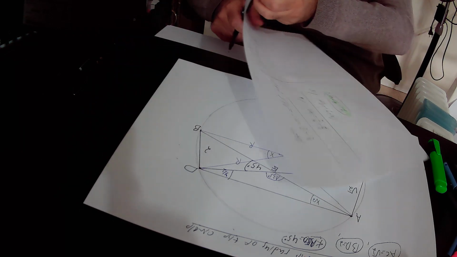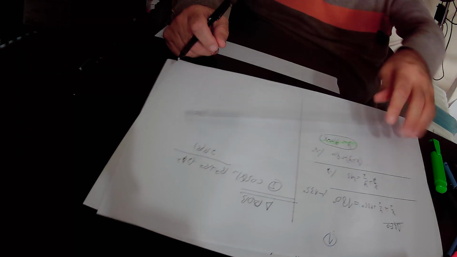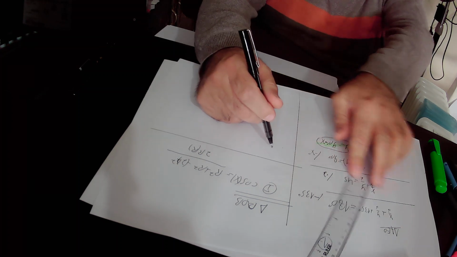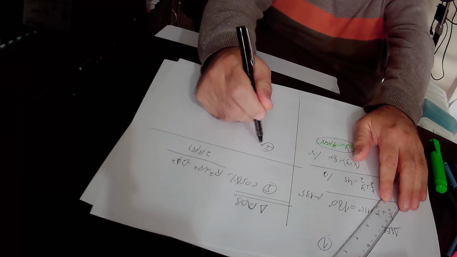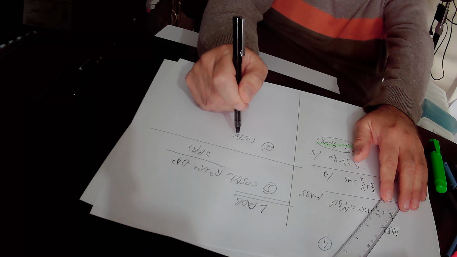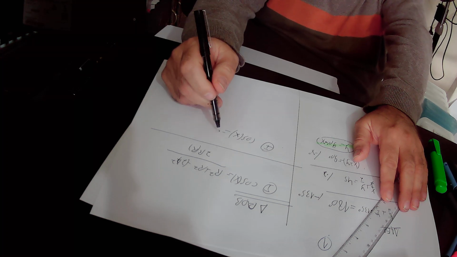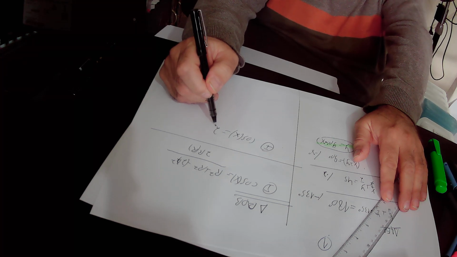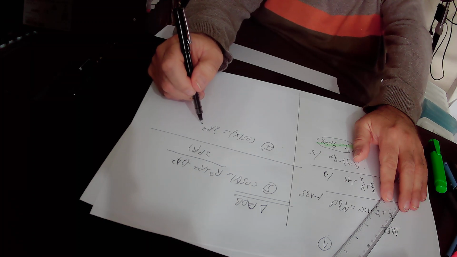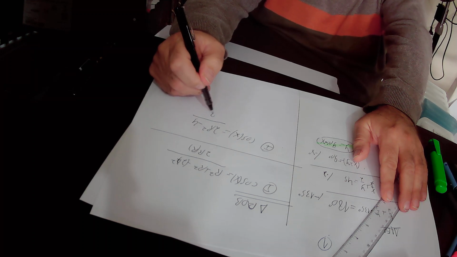So here, cosine x equals r square plus r square is 2r square, minus 2 square is 4, over 2r times r is 2r square.